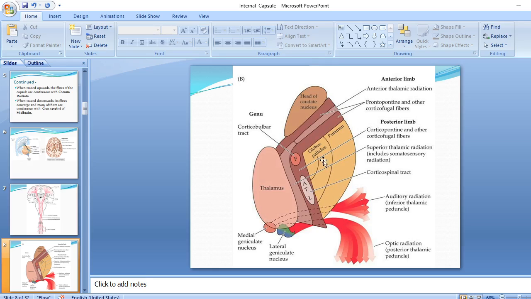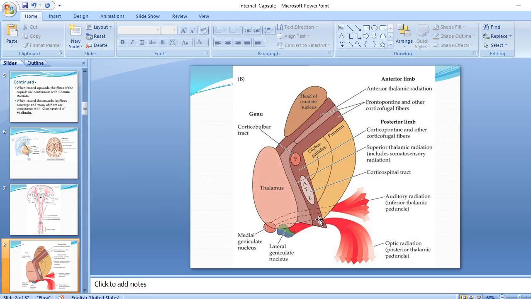Here you can see the various parts of the internal capsule. The internal capsule is said to have an anterior limb lying between the head of the caudate nucleus and the lentiform nucleus.